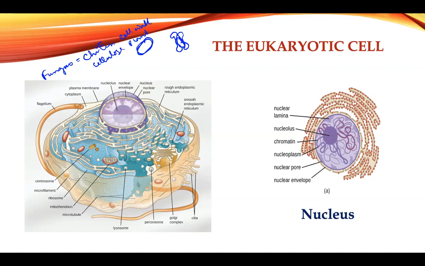Not all eukaryotic organisms, but a few, have flagella. There are also cilia. Many different types of these organelles are there.